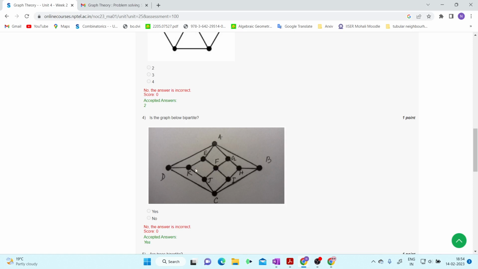K, H, F, and C also, right? Yes, ma'am, C. So now you are able to show that A, K, H, F, and C form one part of the bipartition, and the other vertices form the other part.